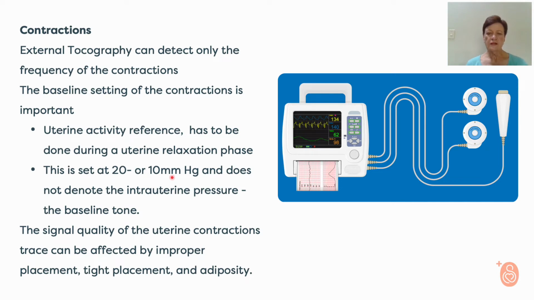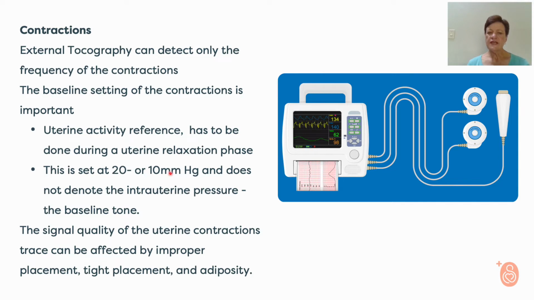Now we know that between contractions there's still a little bit of pressure in the uterus, because some of the uterine muscles still contract, which makes a baseline pressure in the uterus between contractions. This is not the measurement of that pressure.